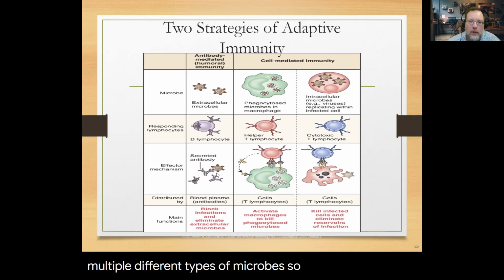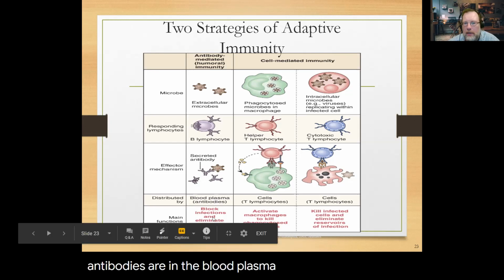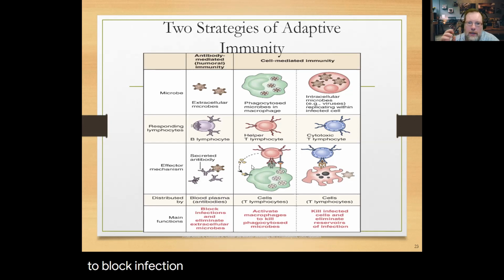So we do see receptor site differences. These B cell antibodies are in the blood plasma, and again, they're there to block infection, eliminate infection. So that's antibody-mediated or humoral immunity.